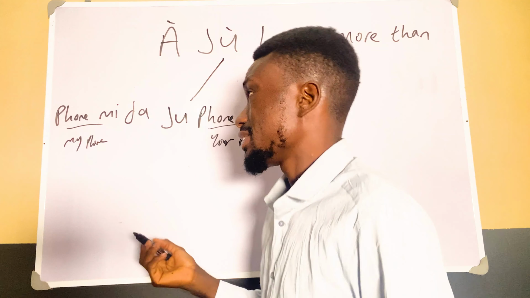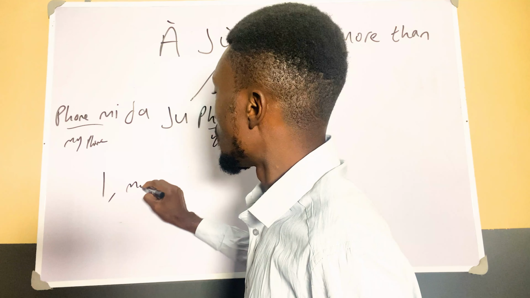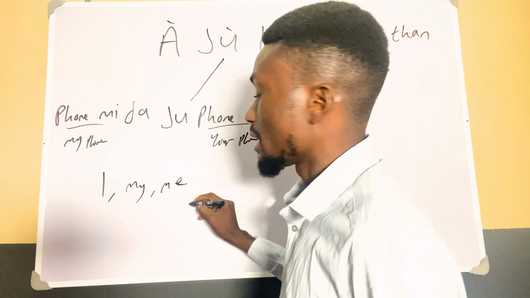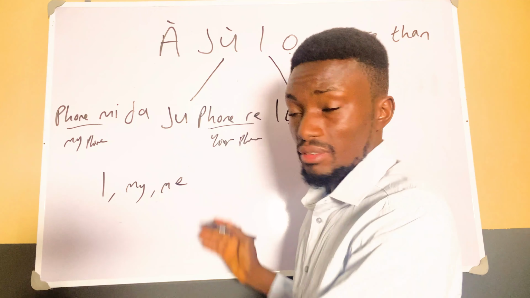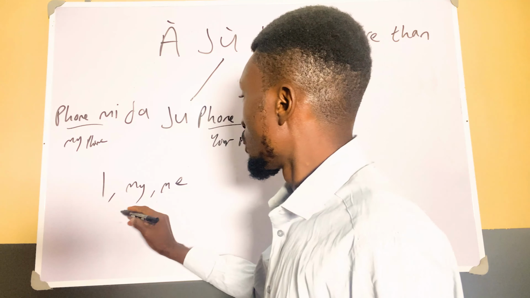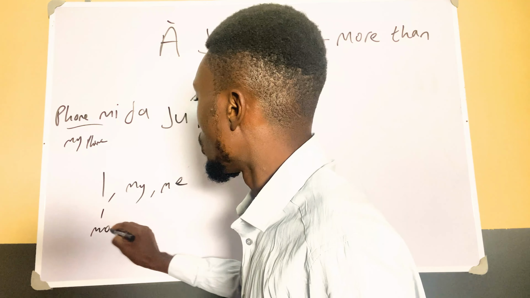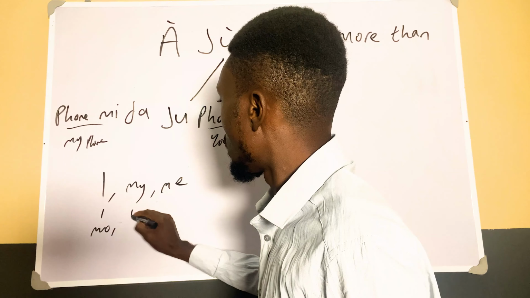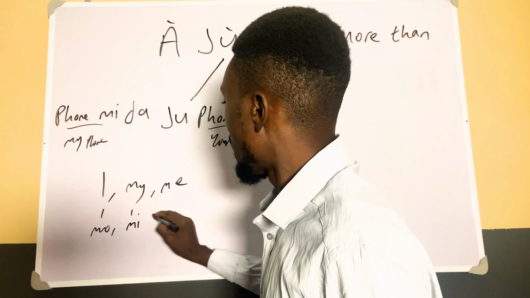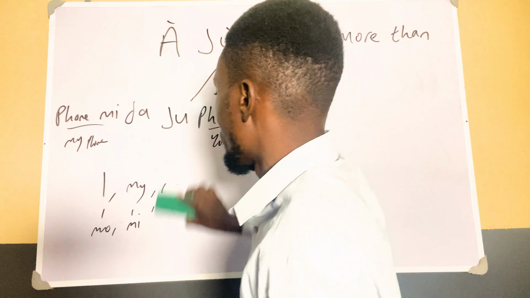Just like in English too, there's a difference between I and my and me. So there are different places where they function, and that's the same thing with Yoruba. This one is mo, this one is mi, and this one is also mi. So that's just it in Yoruba language.